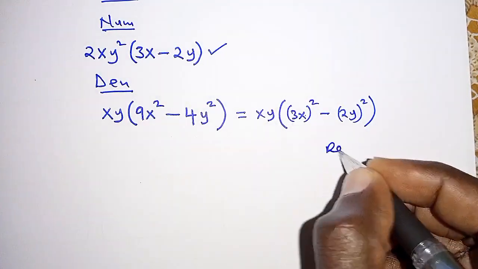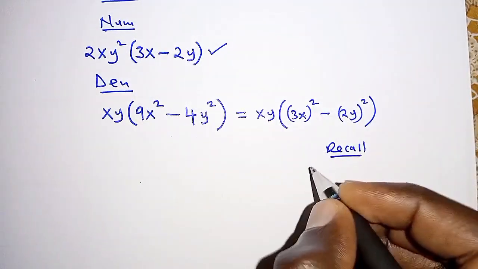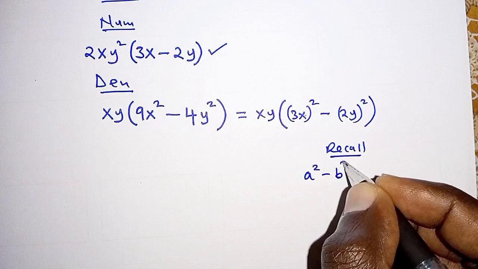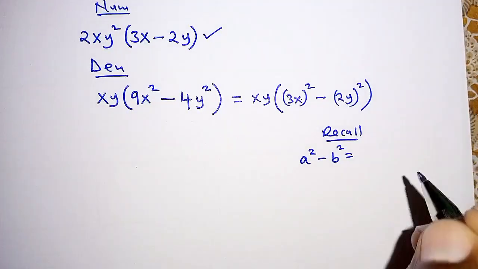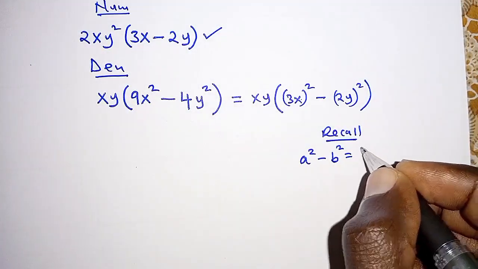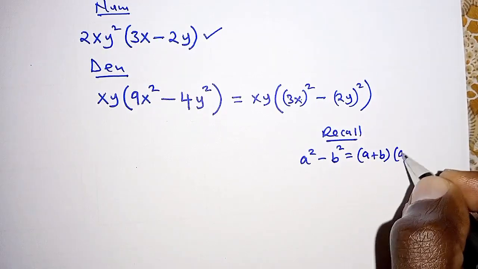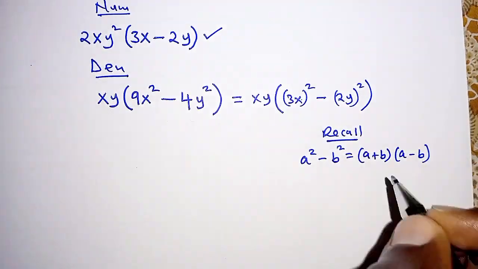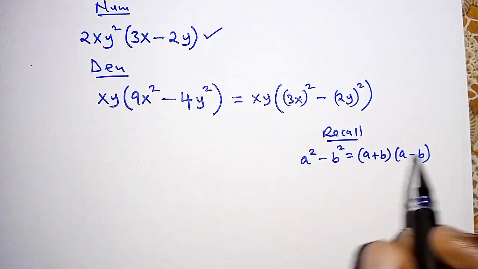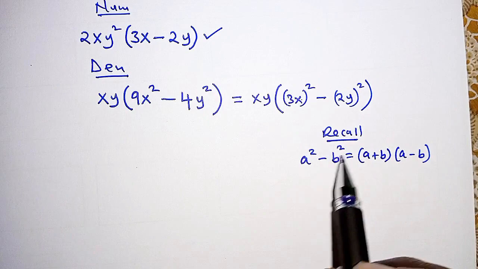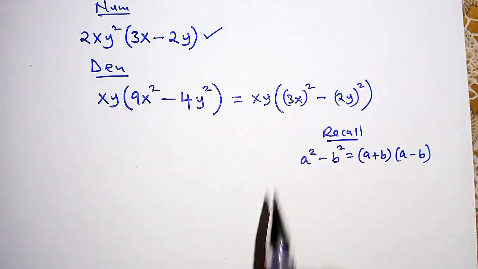You can recall that if you're given a difference of two squares, say a squared minus b squared, this can be factorized as a plus b into a minus b. So this is a quadratic identity that should help us in factorization of expressions in this form. That is a difference of two squares.